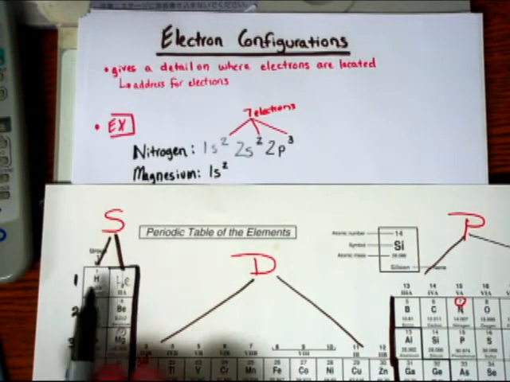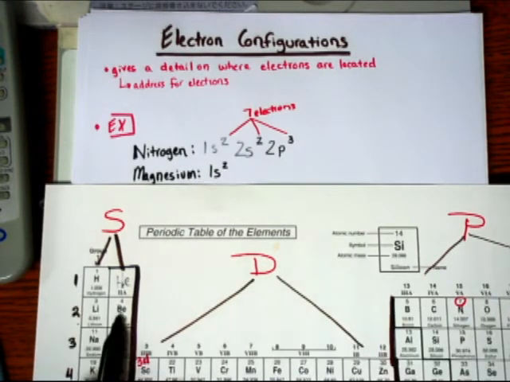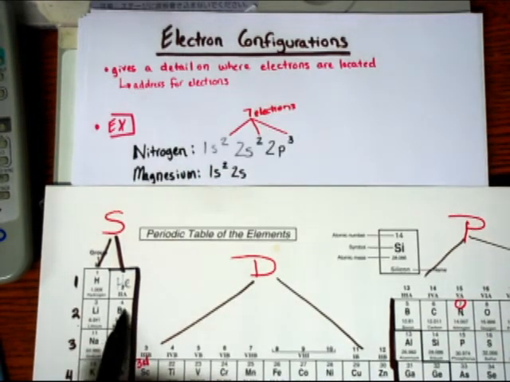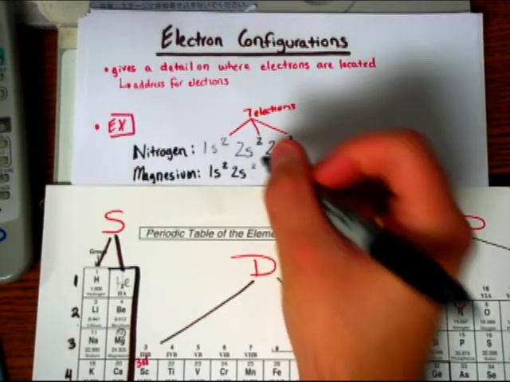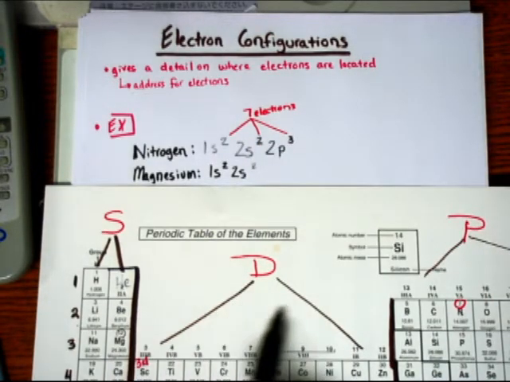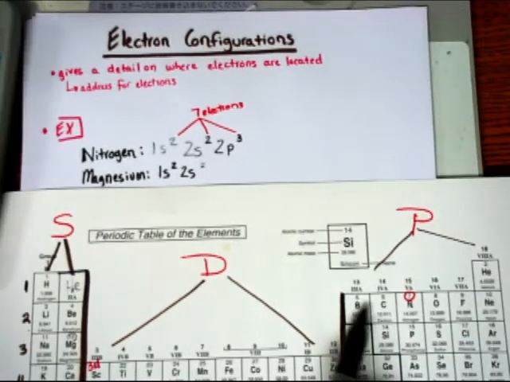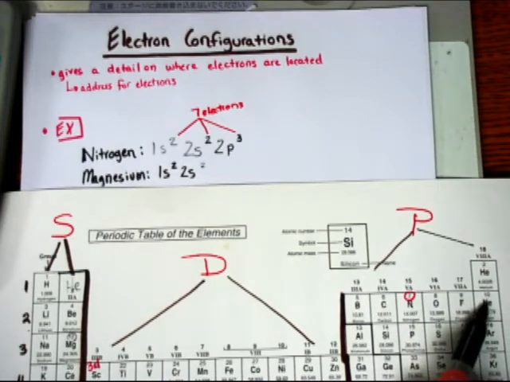What's after 1s? 2s. How many do I need from 2s? 2 of them. What's after 2s? 2p. And how many do I need from 2p? All 6 of them, right?